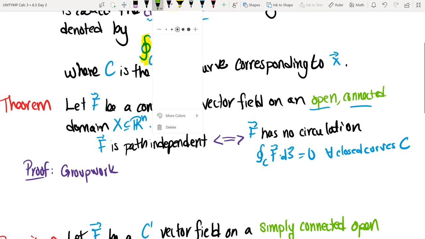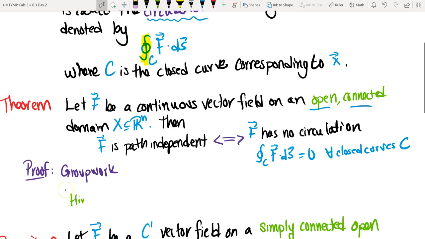Here's a hint that might be relevant for homework: for a curve C, if we take the opposite of C in the integral of f dot ds, the vector line integral, where the notation means minus C, going in the opposite direction, this is the same as the negative of the integral over C of f dot ds.